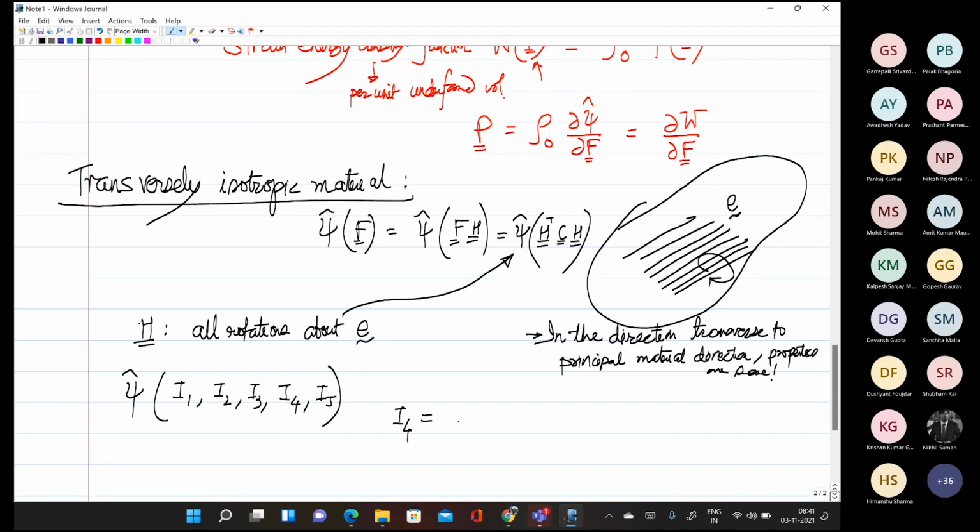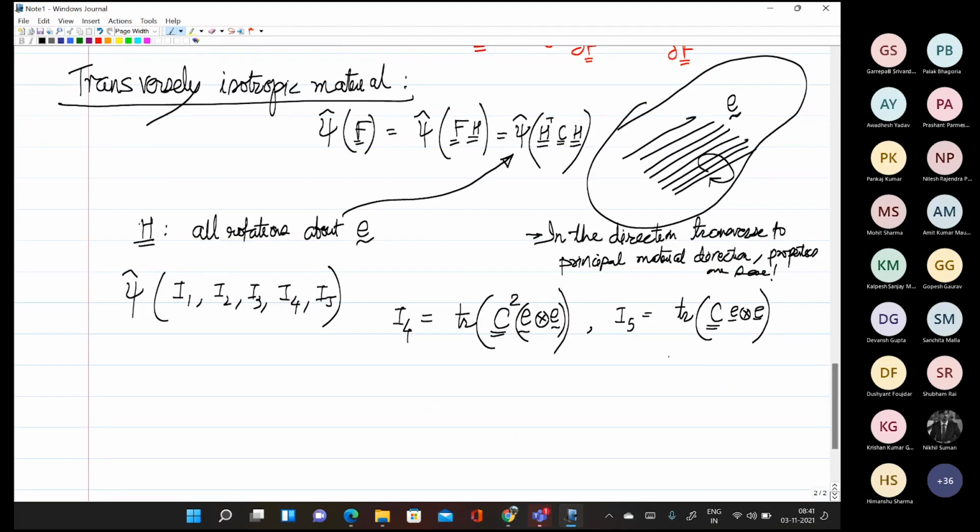I4 is given by trace of C square of E tensor product E. And I5 is given by trace of C times E tensor product E.